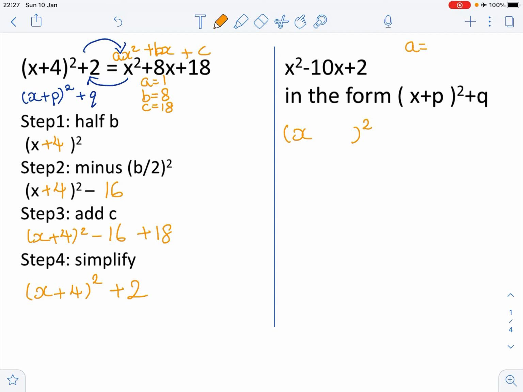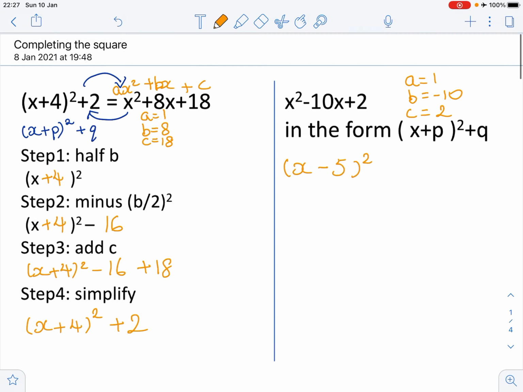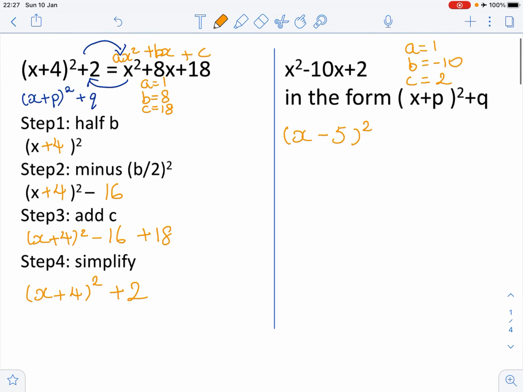So step 1, we need to halve our b. Let's write it out: a is equal to 1, b is equal to minus 10, c is equal to 2. So half of minus 10 would be minus 5. Then we need to subtract half of b, squared.